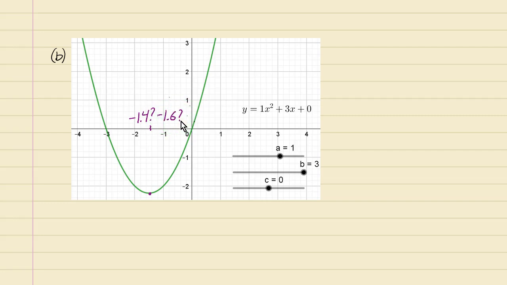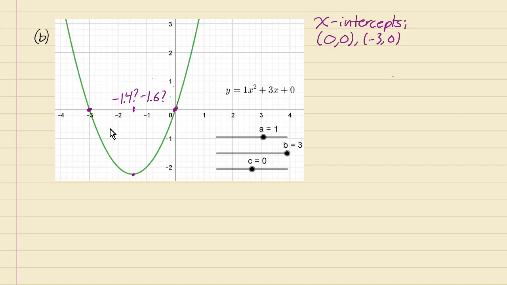One way you can tell is by saying, well, because of the way a parabola is symmetrical, we can tell it's going to be halfway between the x-intercepts. So you can first identify the x-intercepts as 0 and negative 3, and then you can say that the x-coordinate of the vertex is going to be the average of these two x values, because it has to be halfway between them because of the way a parabola is symmetrical.